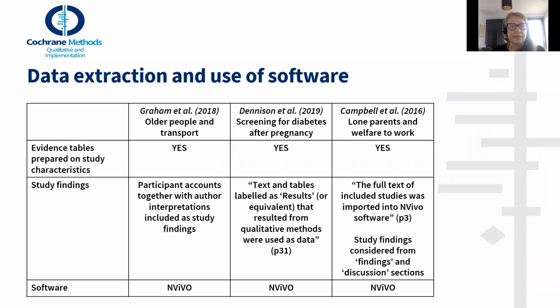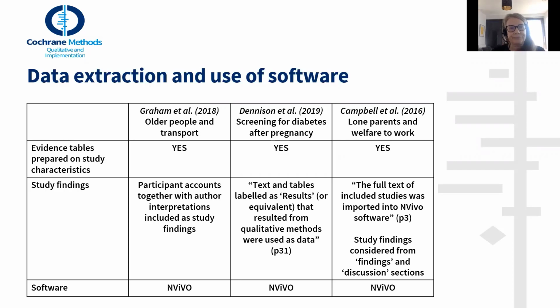So again, looking at the kinds of methods they use for data extraction and software, all of the reviews prepared evidence tables highlighting particular study characteristics. Some of them also highlighted some of the main findings alongside those characteristics. Some of them also include notes on the quality of each of the studies. In terms of study findings, these are the different ways that the authors approach that.